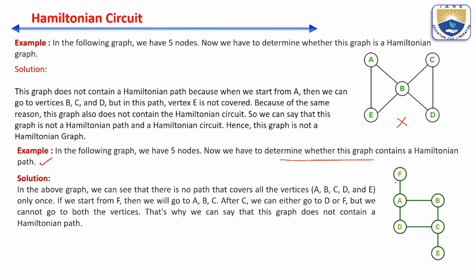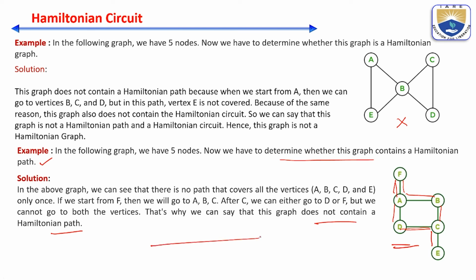Let us take F to A and A to D, C and B. So it is not possible. All the vertices have to be covered. F to A, next B, next C, next D. Once again I have to traverse. No, it's not possible. We are not going to get any Hamiltonian path from this graph.